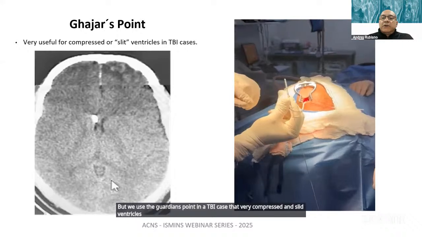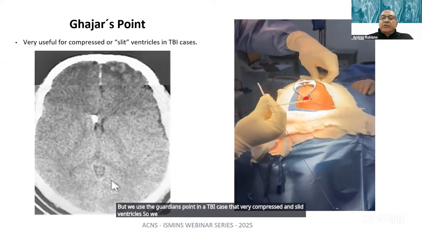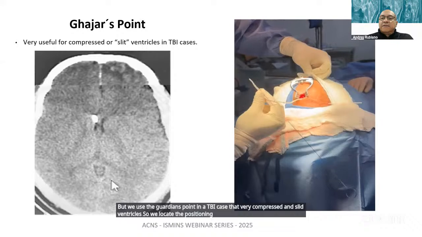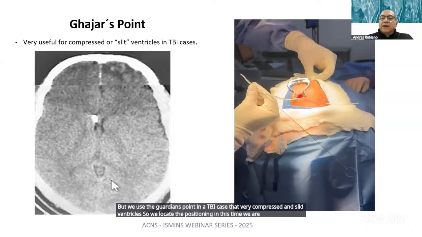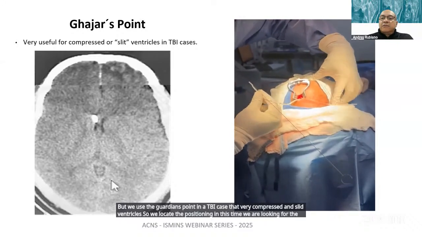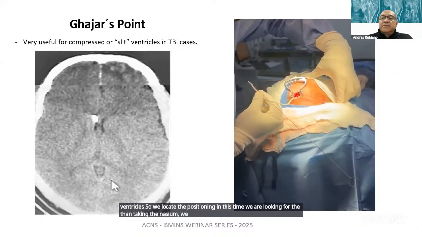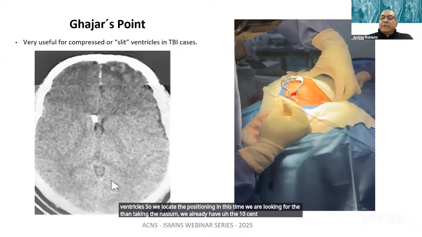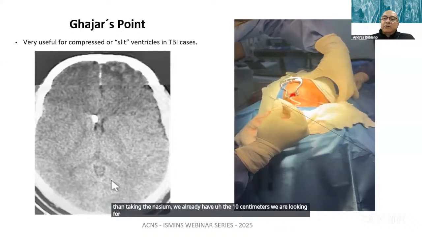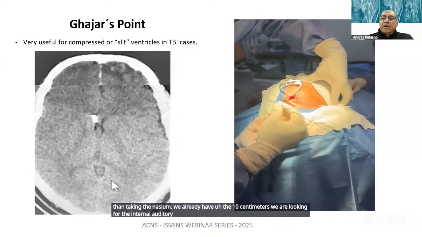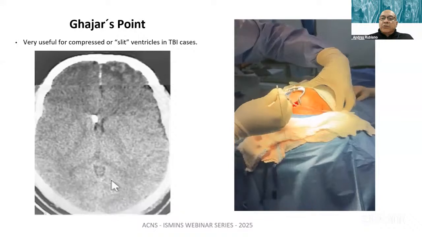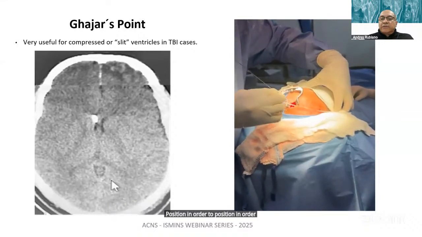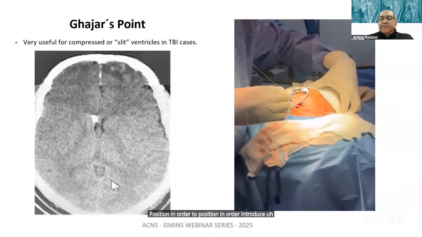So we locate the positioning. At this time, we are looking for the nose. Then taking the nasion, we already have the 10 centimeters. We are looking for the internal auditory position in order to introduce the catheter.